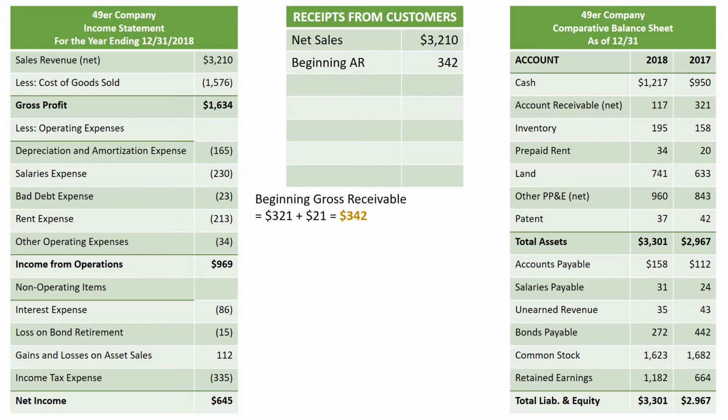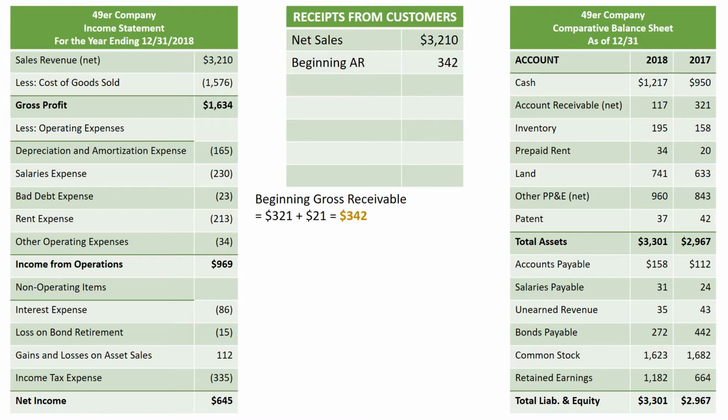Okay, so we have to get our beginning gross receivable. And so if you kind of notice, the beginning balance is $321, and we were told in that additional information that the allowance for doubtful accounts was $21, which means the gross receivable was $342. And so if you think about your net sales, your beginning AR, those are sales that would have been recorded in 2017 but would have been collected in 2018.